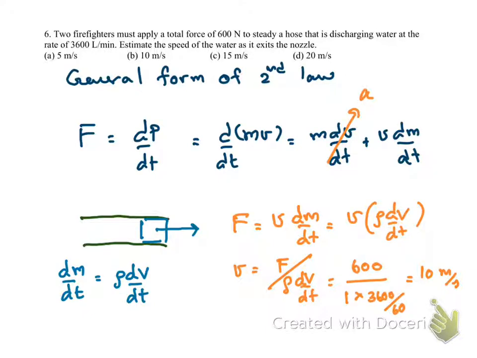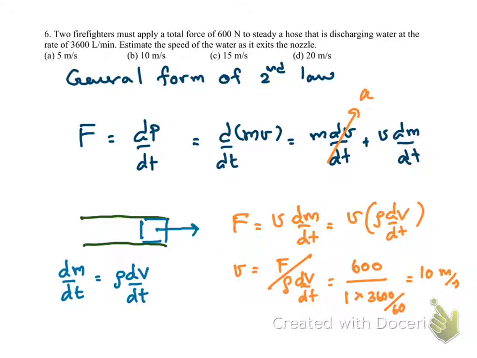Force comes from the change of the mass, and when we push the water out of the hose, from the third law, the water will push back on the hose, and this force is 600 Newton. So we can equate the force of 600 Newton to v times dm/dt.